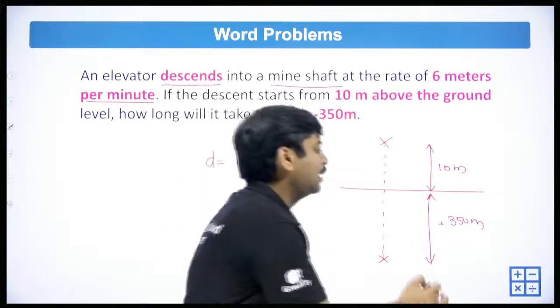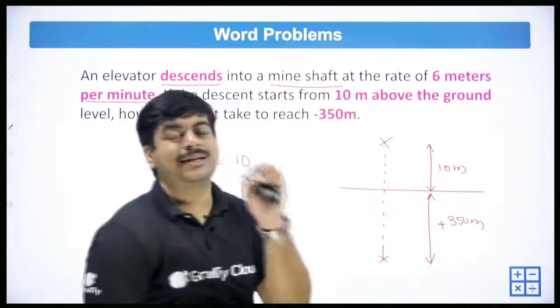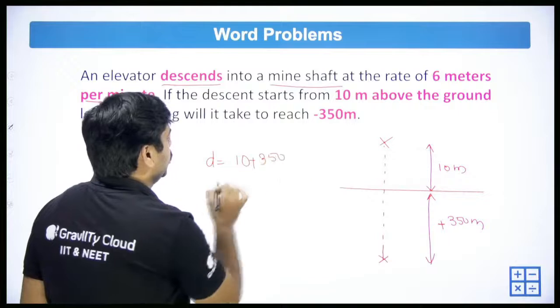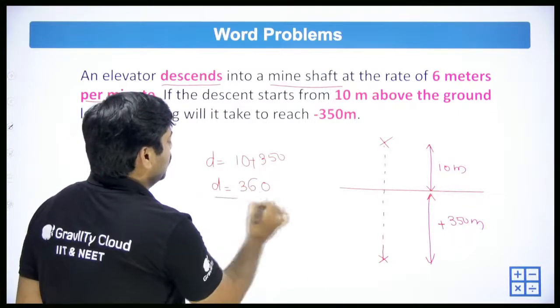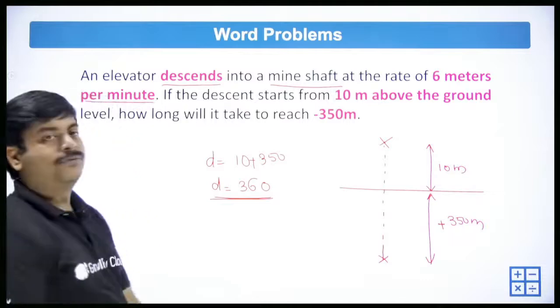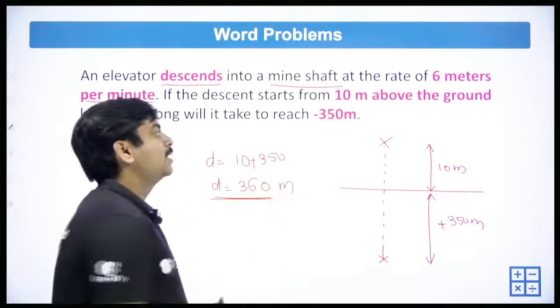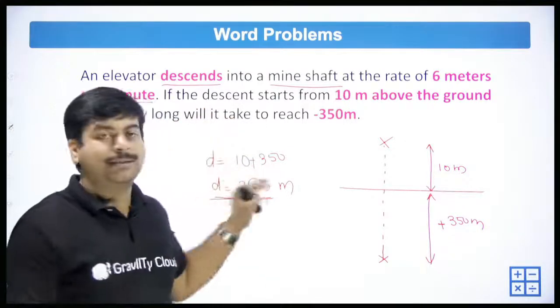The distance is always positive. So plus 350. Distance is equal to 10 plus 350, that will give you 360. So the total distance traveled by the elevator is 360 meters.